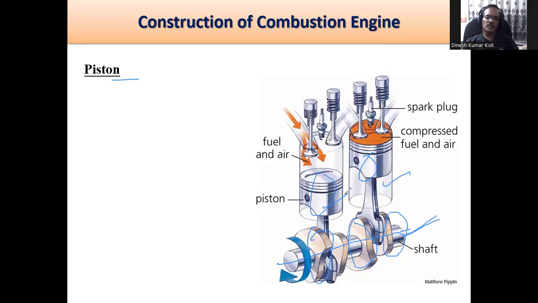The piston will reciprocate, and here you can see this is the spark plug, this is the inlet valve, and this is the exhaust valve. So what happens when the inlet valve opens, the air fuel mixture comes and enters here, then combustion takes place by the spark from the spark plug, then the gases will push the piston, so the piston will move downward.